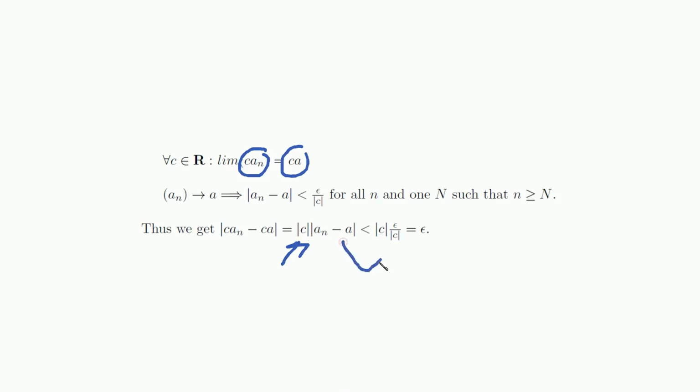And we just showed, okay, if the sequence converges, we can choose epsilon divided by c just as well as any other epsilon. And we show, oh, we can also multiply both sides by c, and we get that our choice of epsilon was actually arbitrary and everything worked out perfectly.